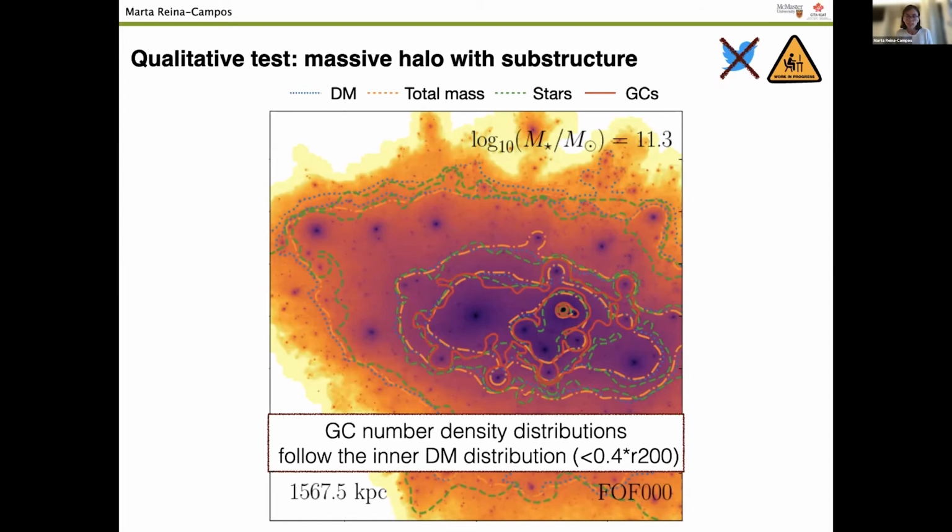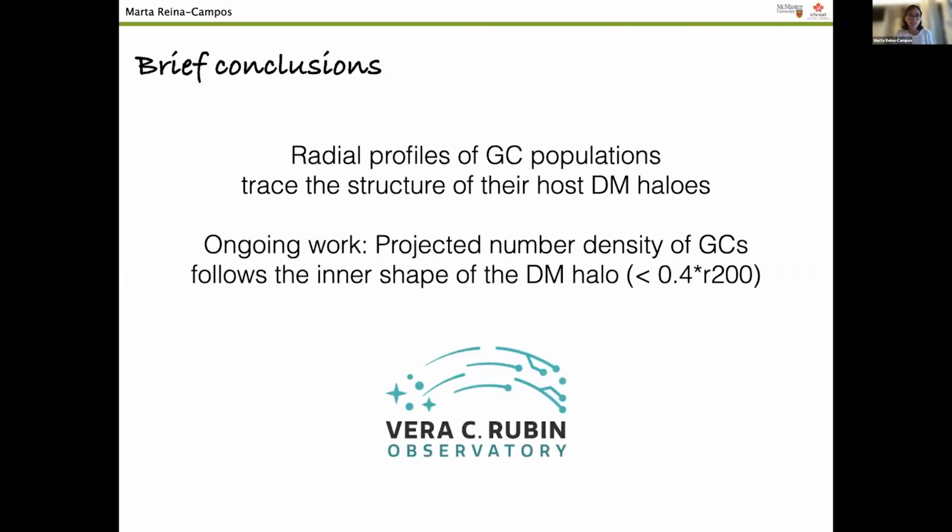This is also exciting because if we can constrain the actual shape of the dark matter halo at such small scales, we might be able to place some constraints on alternative dark matter models, because that's where we expect to see differences. Just concluding, I've briefly described that the radial profiles of globular cluster populations trace the structure of their host dark matter halos.